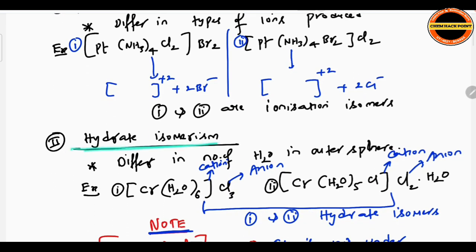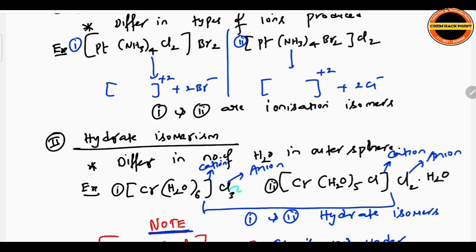Then you see hydrate isomerism. Hydrate isomers differ in the number of H2O in the outer sphere, as the name itself indicates. For example, see the compounds here: [Cr(H2O)6]Cl3 and [Cr(H2O)5Cl]Cl2·H2O.